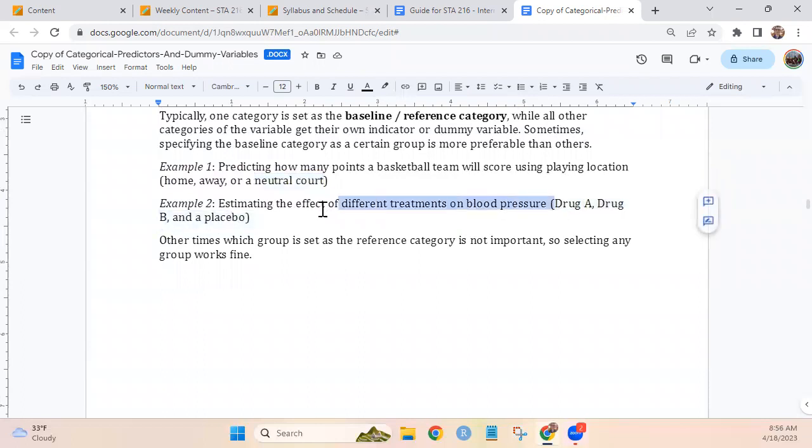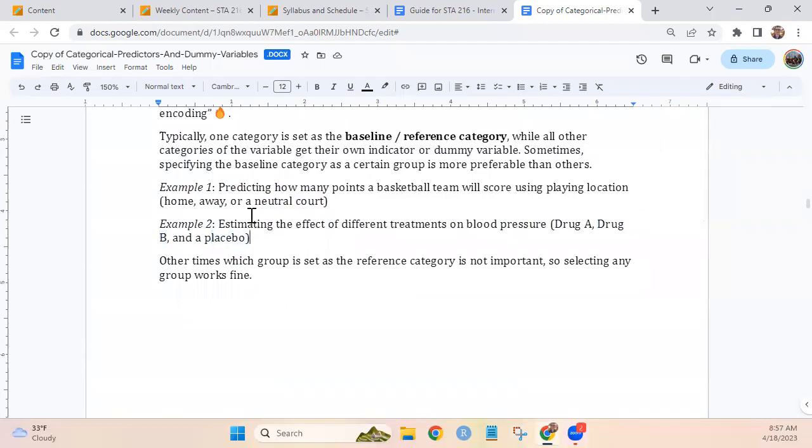We could also have, in a clinical trial setting, your drug that you're considering using, an alternative drug, maybe the current standard of care, and then a placebo. In that case, you could use a regression model with treatment group or drug assignment as an explanatory variable.